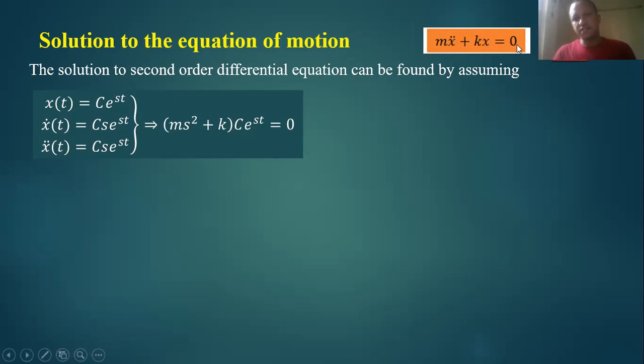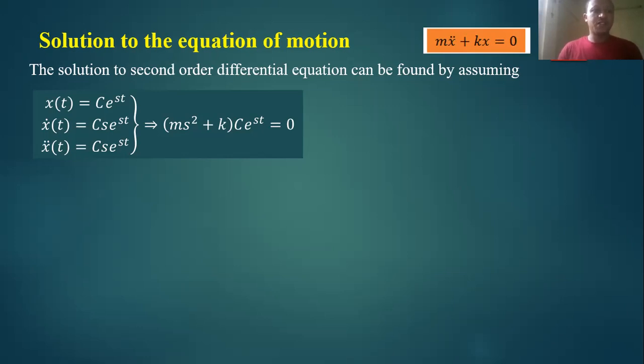That implies the system is homogeneous, and here we can see it is a second order differential equation. For this we can assume a solution from our knowledge of linear algebra.